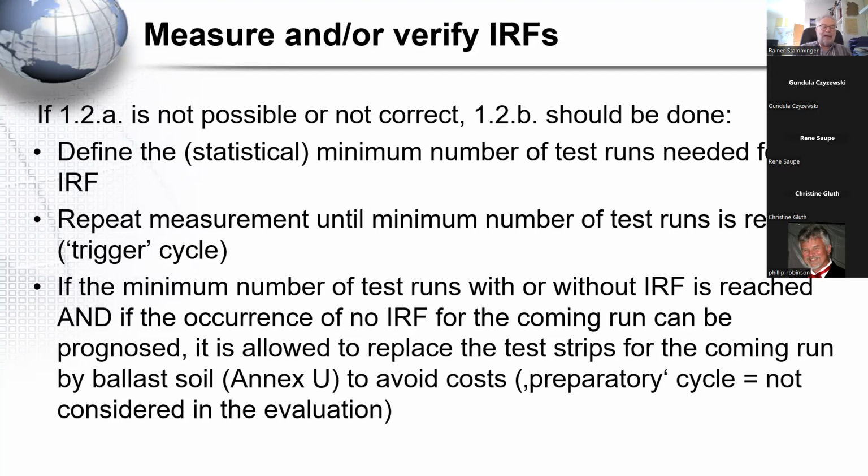Then you can run those cycles under simpler conditions, so that you don't need to have the efforts, especially the efforts of putting in test strips, which you anyhow would not analyze at the end, but it would just add cost. For this, we have introduced the possibility to use ballast soils for these preparatory cycles. Yeah? So this gives you some allowance to make these preparatory cycles cheaper.